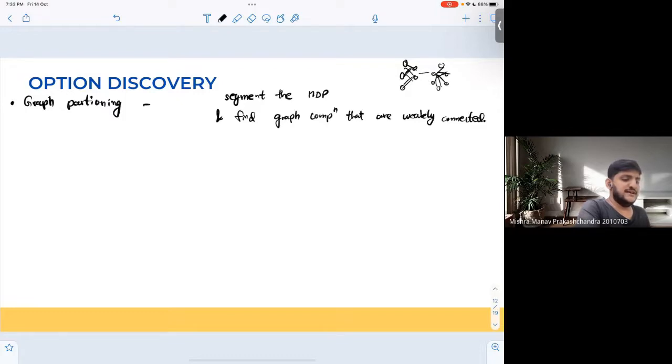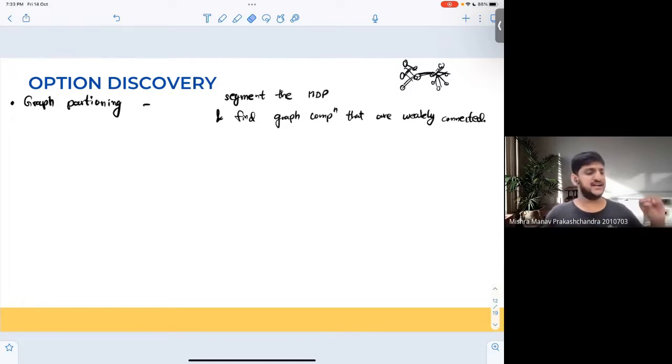They are very densely connected, but between these two, there is a very weak connection. So it's almost separated out, but some weak connection is there. If you find these kinds of graph components, these are indicative of a bottleneck in the MDP that you have, right? So this is one method.